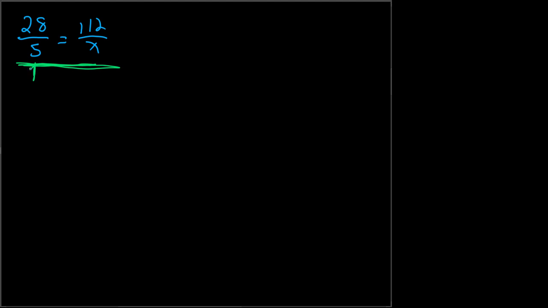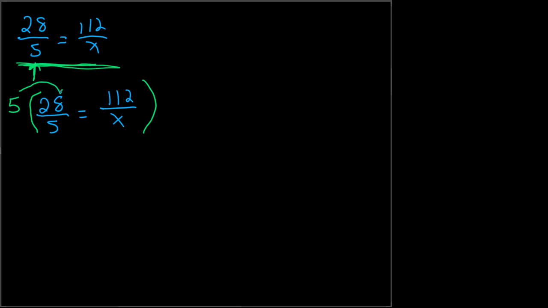So I'll start with the 5. If I take the whole thing, I want to put big parentheses around it to show this step, and I want to multiply it by 5.